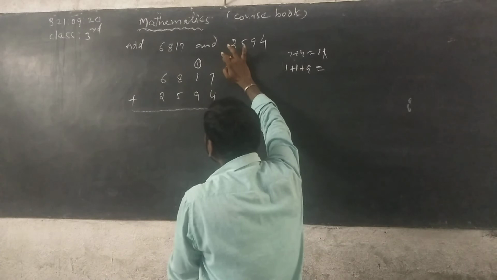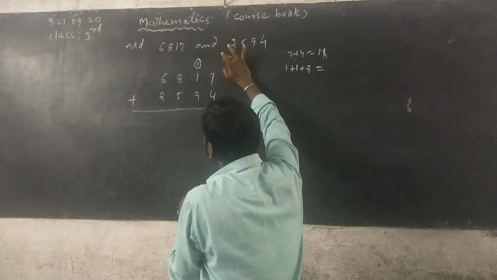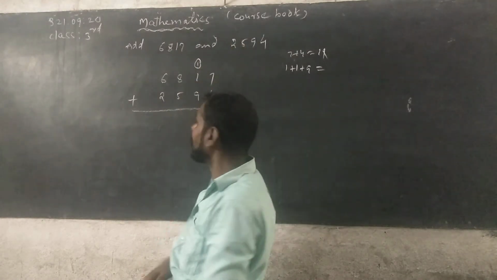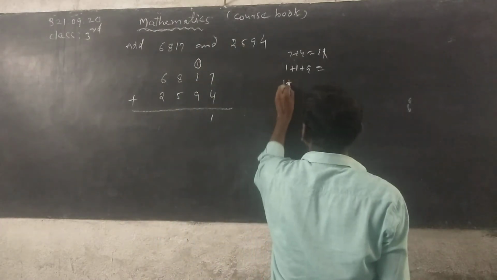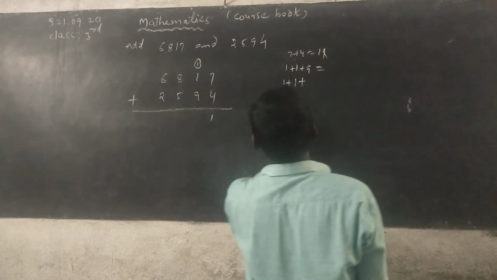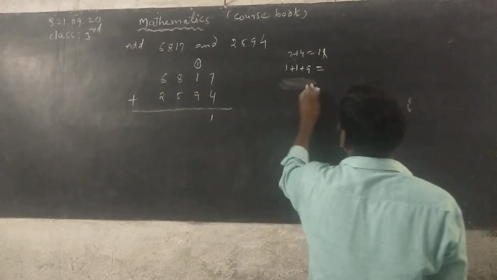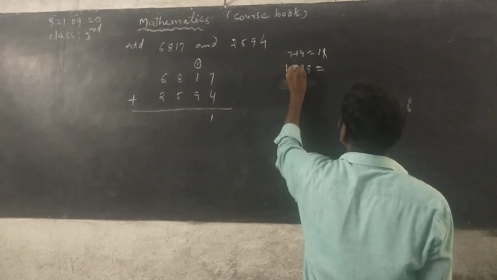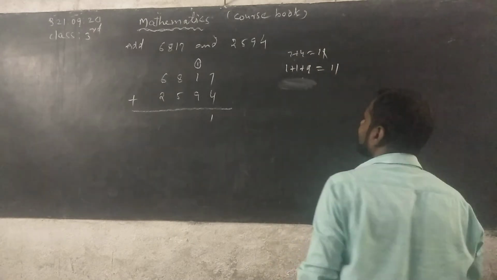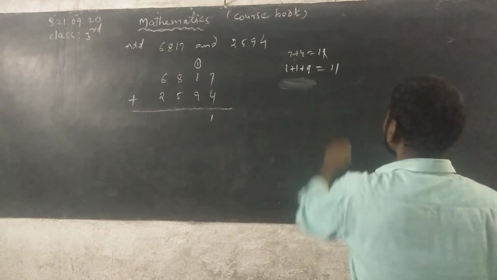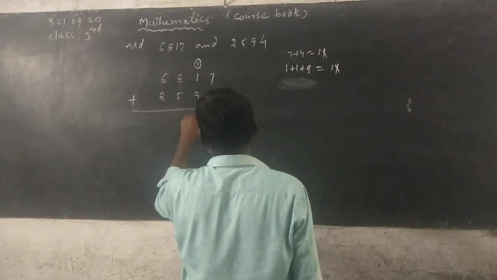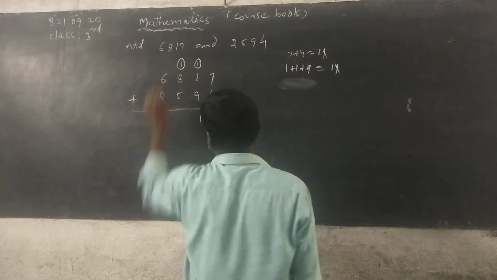So you add the digits along with the carrying digit. So you write 1 plus 1 plus 9. 1 plus 1, 2, plus 9, 11. Again you get 11. Then the ones place digit 1 is written right under the tens column, and 1 is carried to the hundreds place.